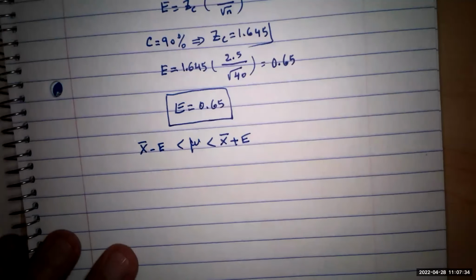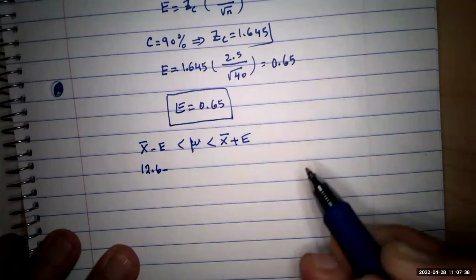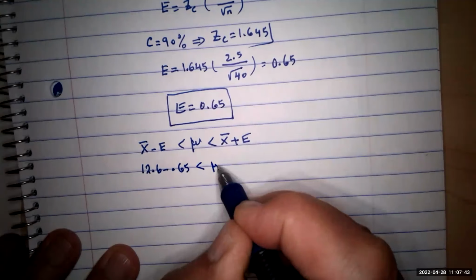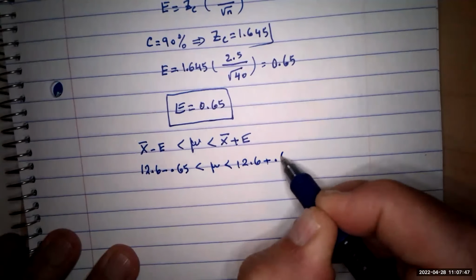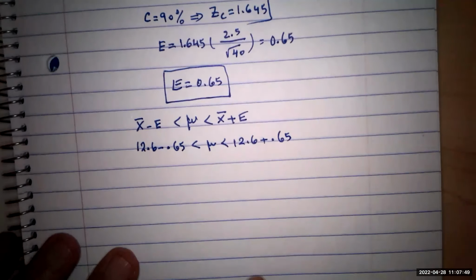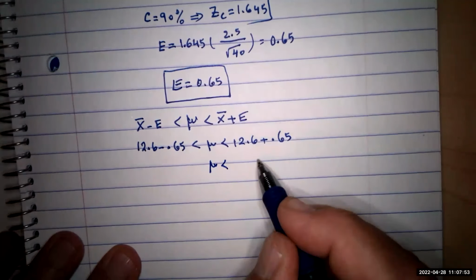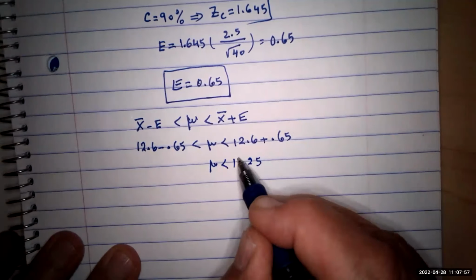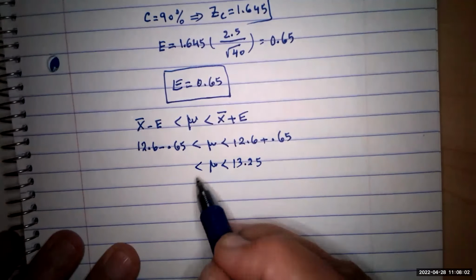You substitute, your mean is 12.6. 12.6 minus 0.65, and the mu, 12.6 plus 0.65. We add them together. So over here we get 12.13, and over here you subtract.